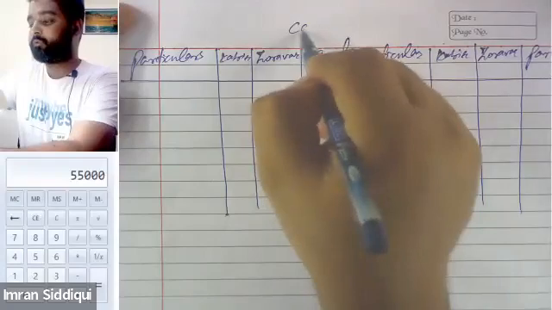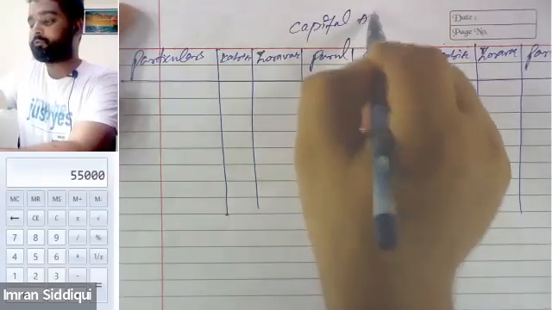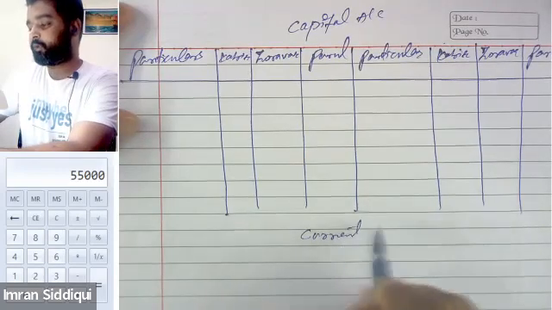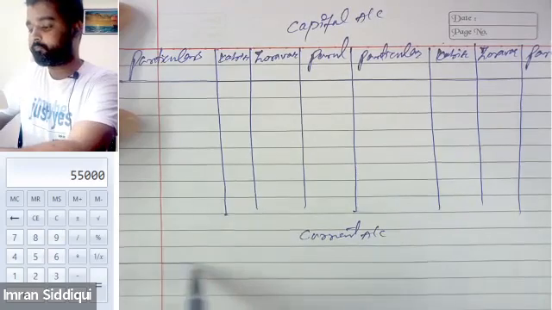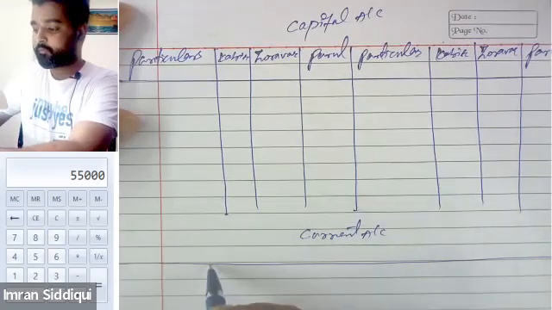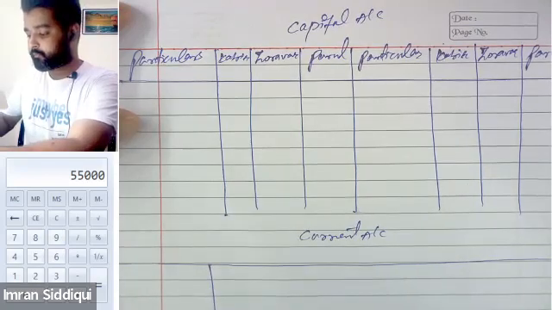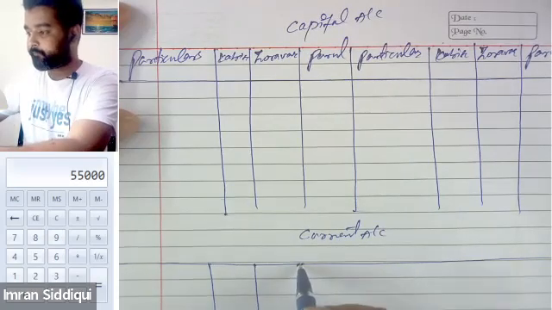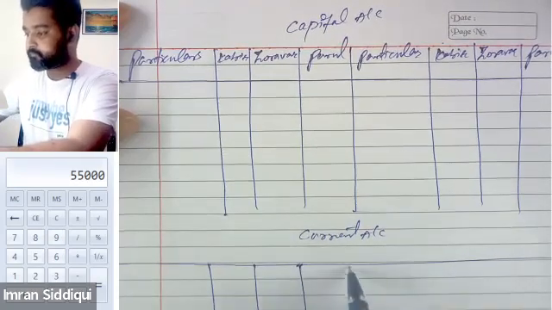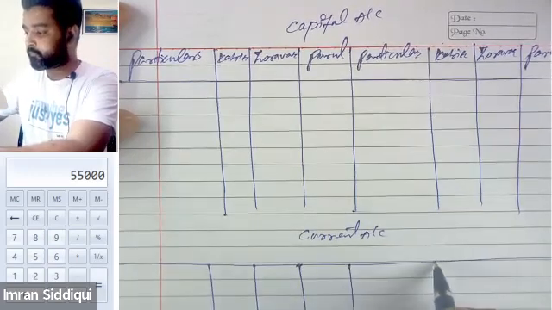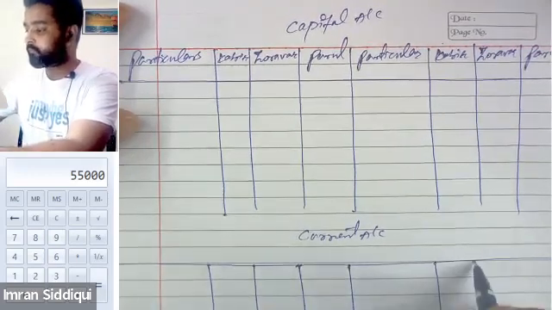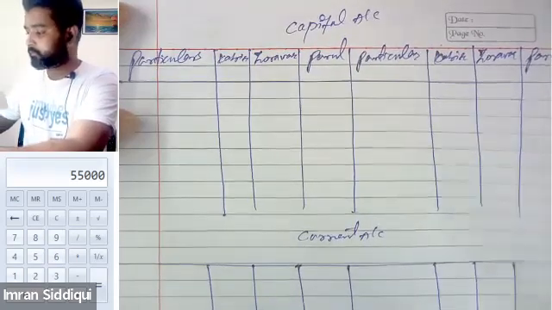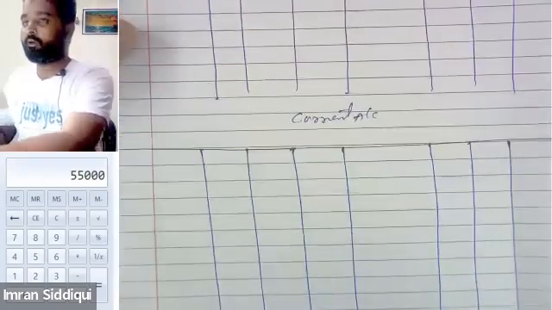So this is the partners' capital account. After that, we will make the partners' current account. This is the partners' current account.